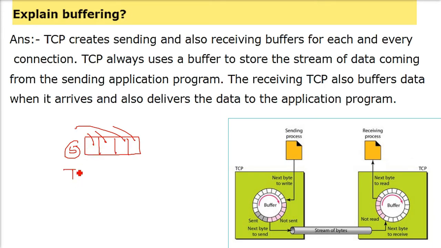So TCP creates sending and also receiving buffers for each and every connection, and these buffers will be advertised in advance when the three-way handshake takes place, that is, when the connection is established. So TCP always uses a buffer to store the stream of data coming from the sending application program, and the receiving TCP also buffers data when it arrives and delivers the data to the application program.